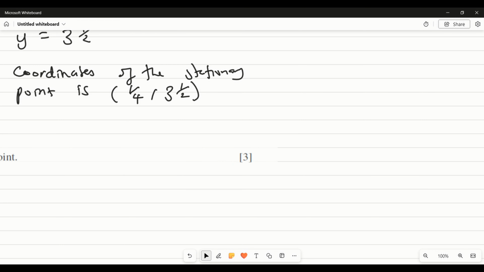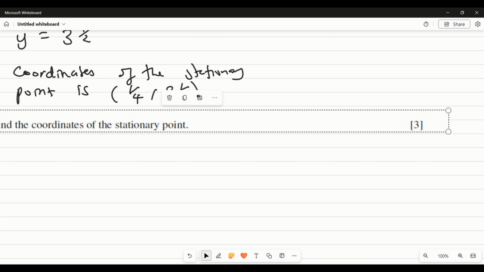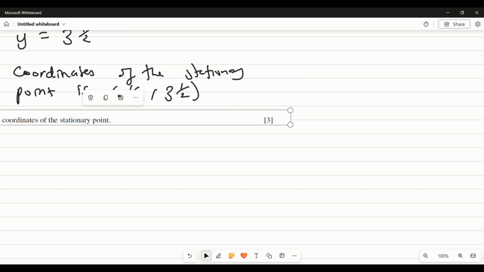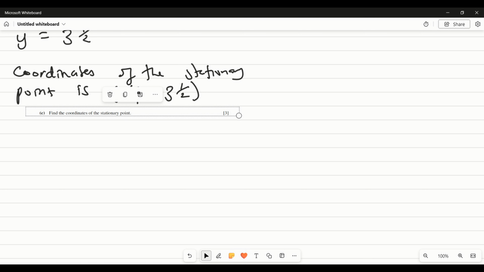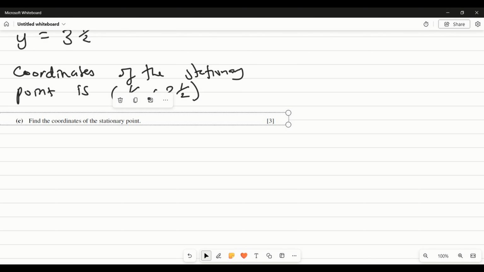So guys, you're going to use the second derivative to tell whether it's a maximum or a minimum. And how are we going to use it? We'll start by getting the second derivative. To get the second derivative, you differentiate the gradient function that we had.